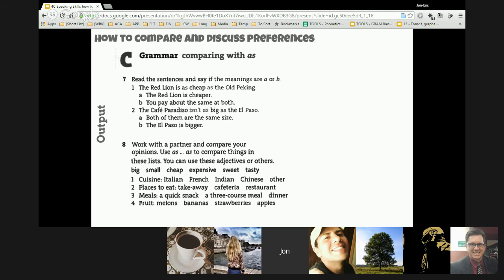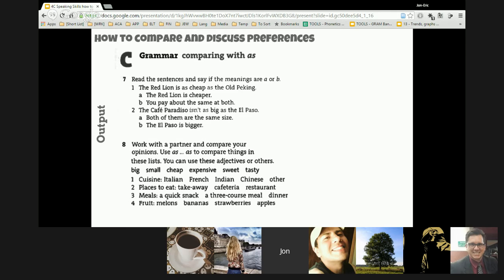Good. Of course, you're not eating the restaurant, you're eating the food, so it should be Italian. The same mistake. I'm going to write it for you. Italian food, or let's use the word cuisine, because that's the word in the window on the screen. Italian cuisine is as tasty as French cuisine.